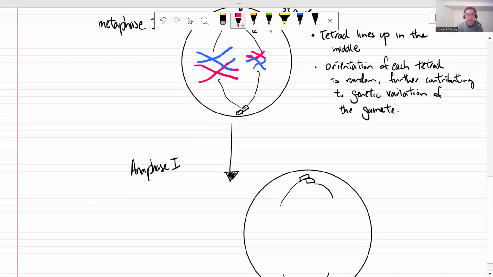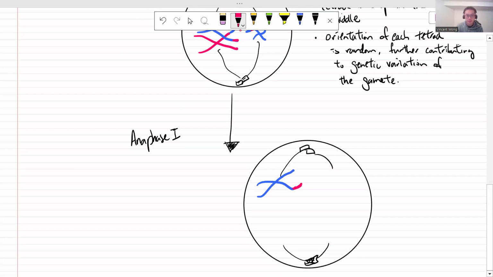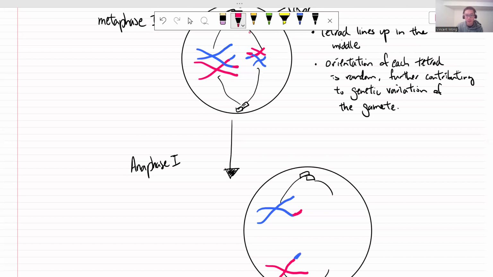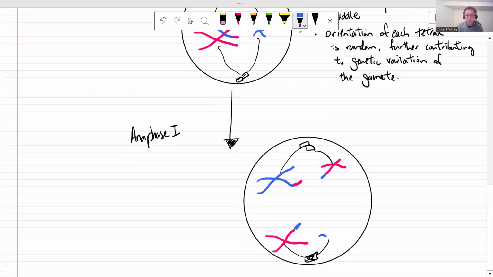And here, we're going to have the father copy up, with a little bit of the mother one because of the crossing over that happened earlier. And over here on the second pair, we have it like this. And then we have this.